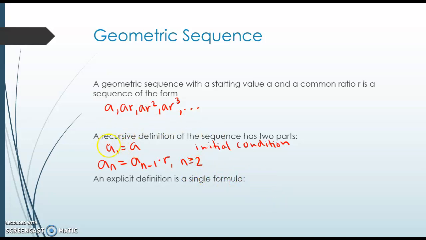This is why we have to have A sub 1 already told to us, so that we can plug that in to find A sub 2, etc. And so this piece here is what we call the recursive formula.